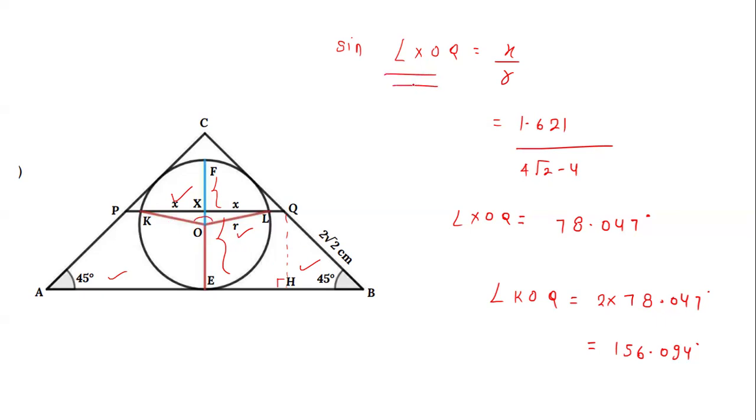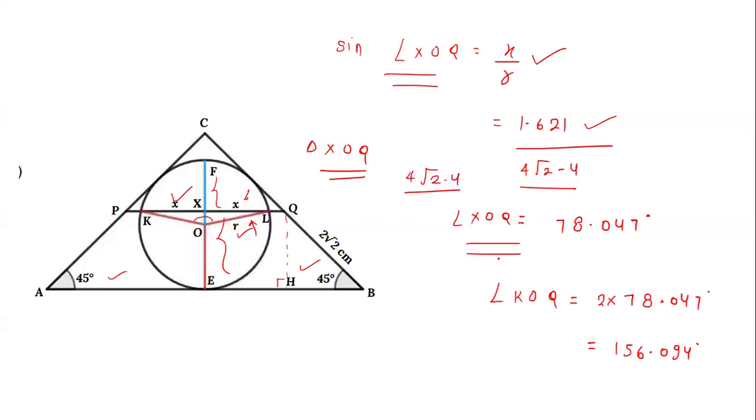So the sine of the angle XOQ. So we can just write, you see the triangle XOQ. In this triangle XOQ we can write the sine of the angle this as x divided by this hypotenuse. So x value we know 1.621 and r value we calculated that as 4 root 2 minus 4.